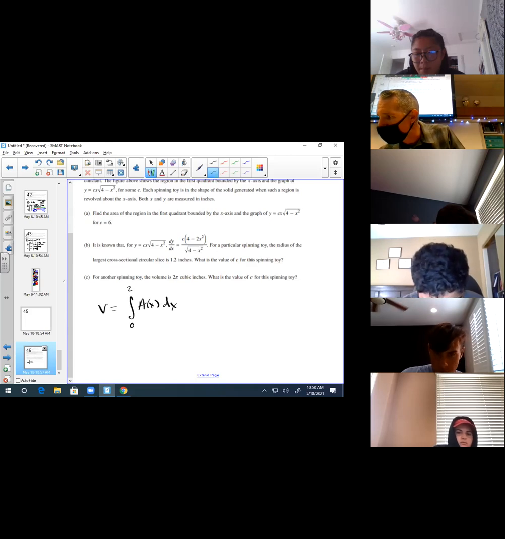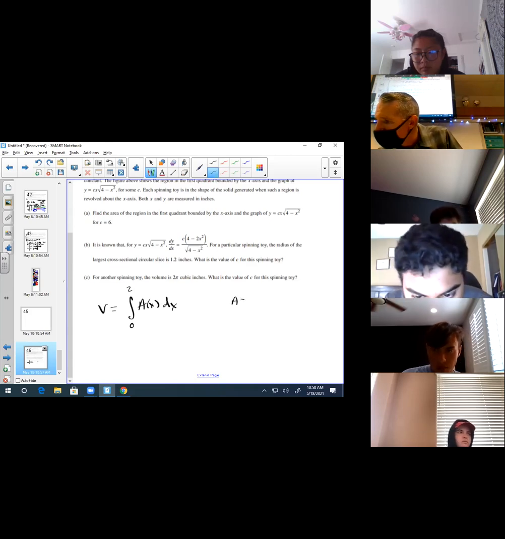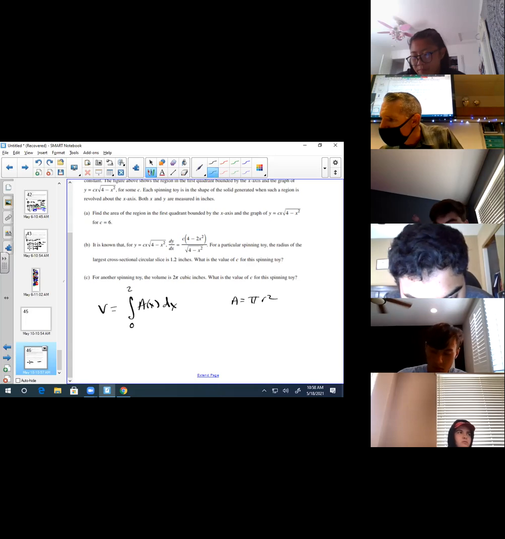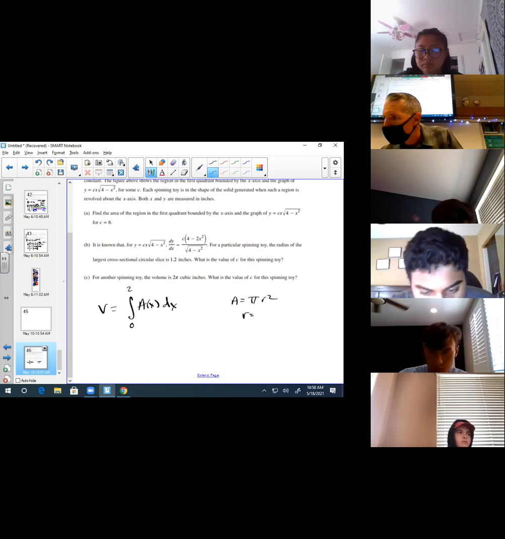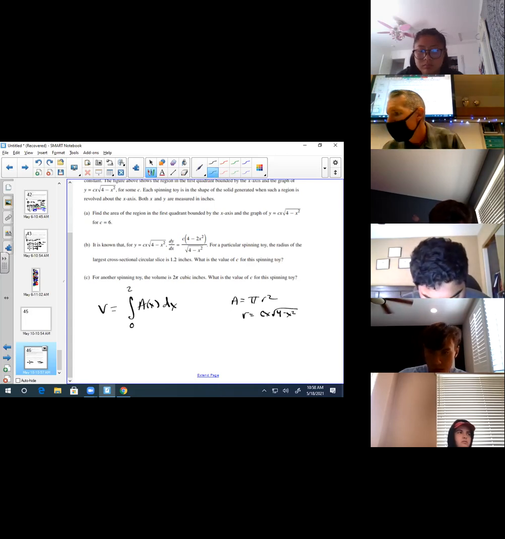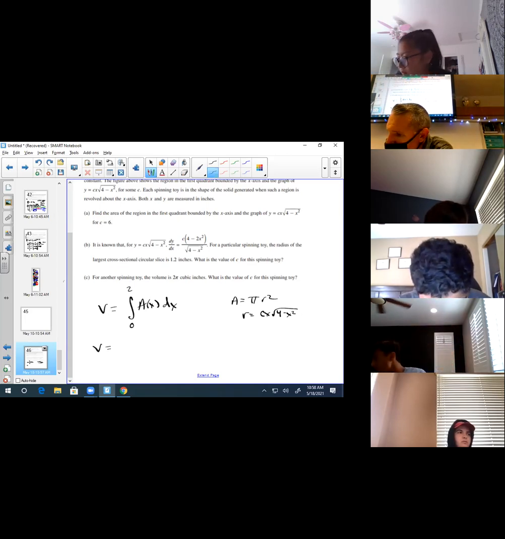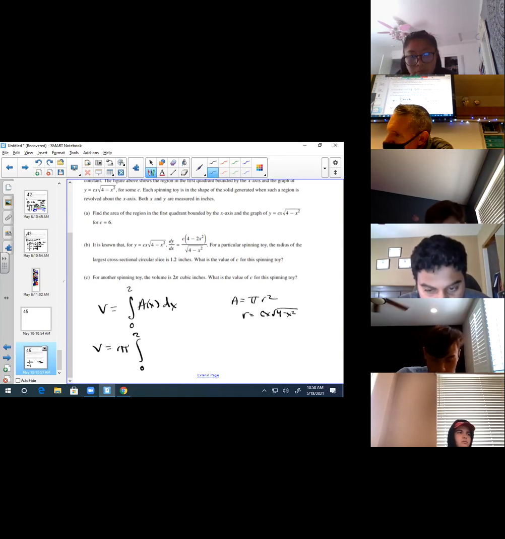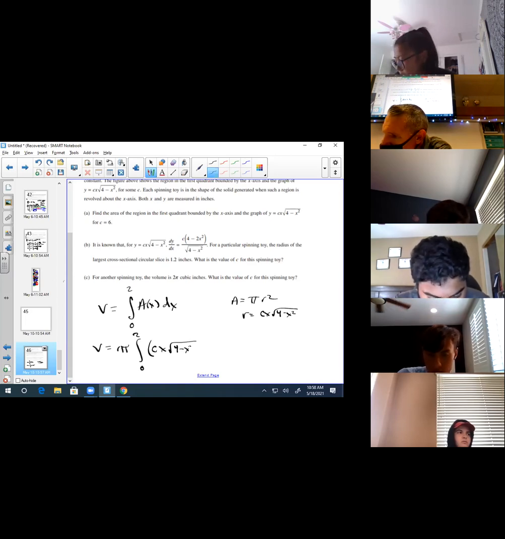So what's the area function, remember? A equals pi r squared, and r is equal to just the y value, which is cx root 4 minus x squared. So the volume is equal to, I'm going to bring out my pi, the integral from 0 to 2 of r squared, so this ends up being cx root 4 minus x squared, squared, dx.